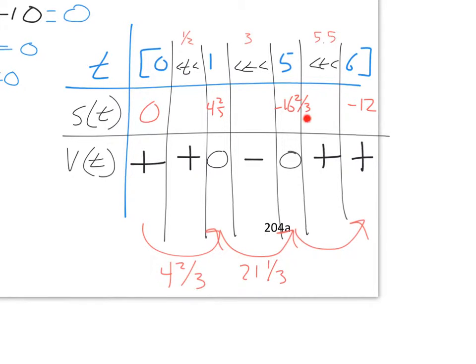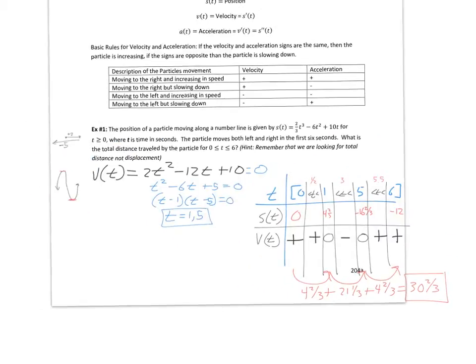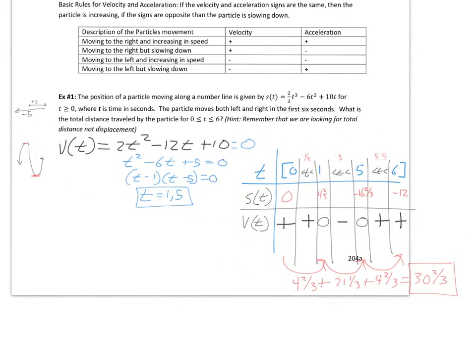And then to go from negative 16 2/3 to negative 12, that's another 4 2/3. Add these 3 distances up, and you get 30 2/3 units. So the total distance I traveled is 30 2/3 units.